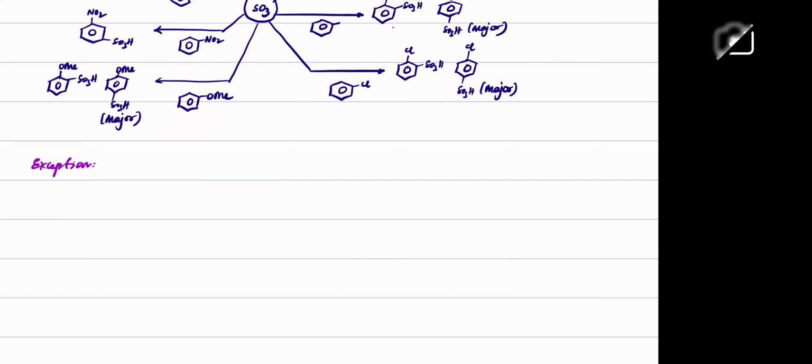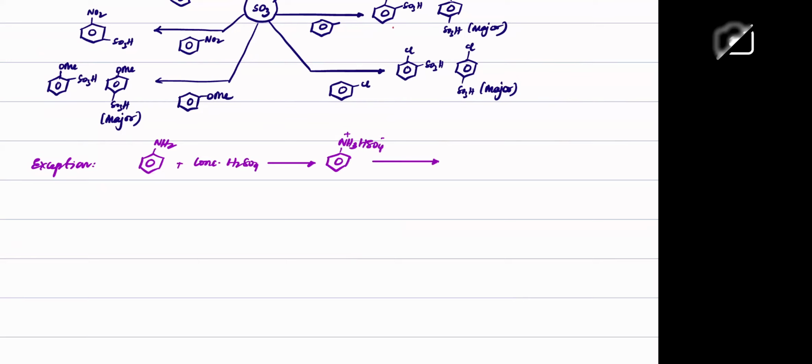So when it comes to aniline here, and aniline reacts with concentrated H2SO4, first it will become an acid base reaction, which means you will have NH3 plus and HSO4 minus. This is an acid base reaction.